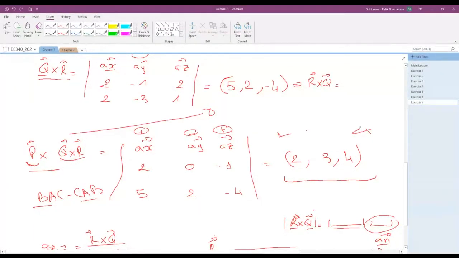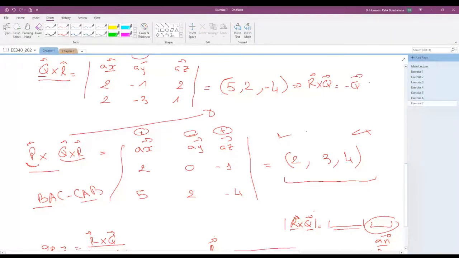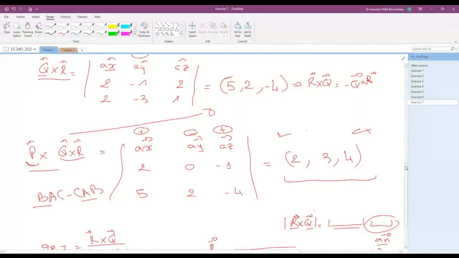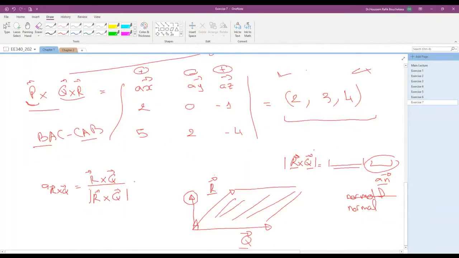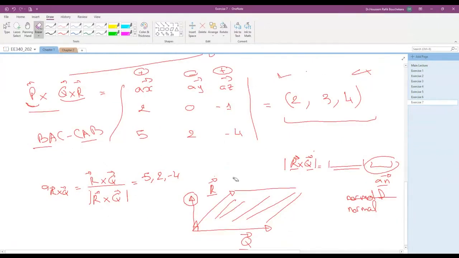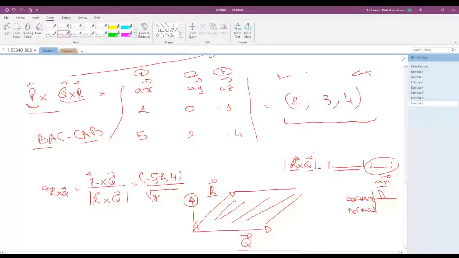R cross Q equals minus Q cross R, right? Over the magnitude, which is the square root of 25 plus 4 plus 16.